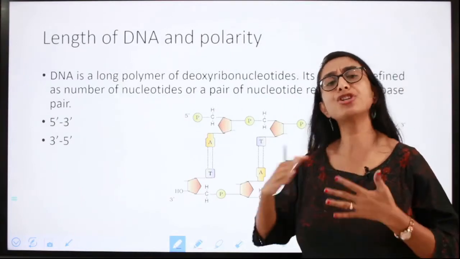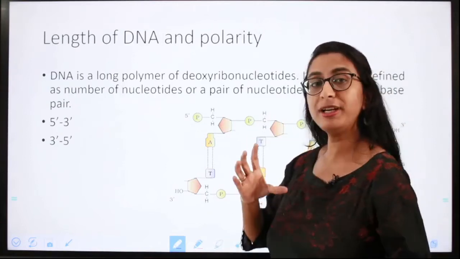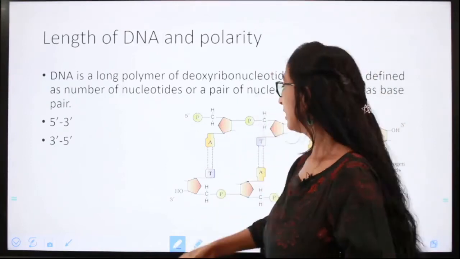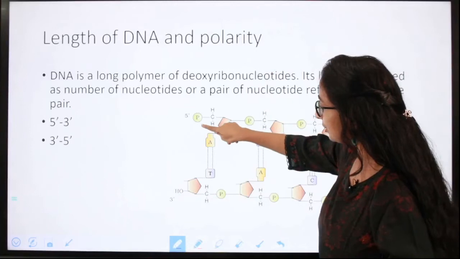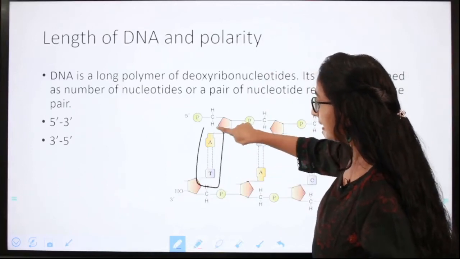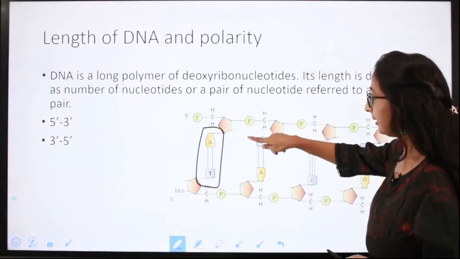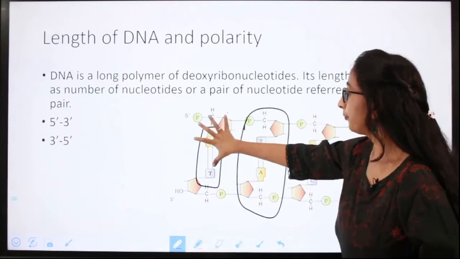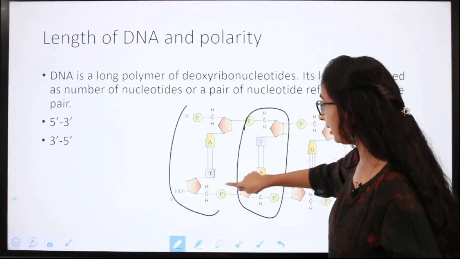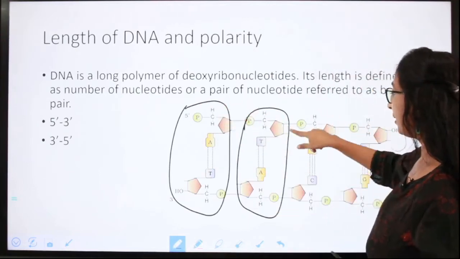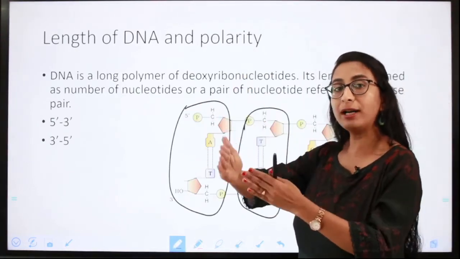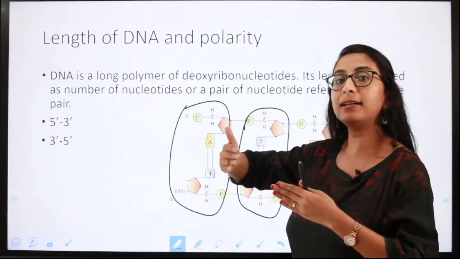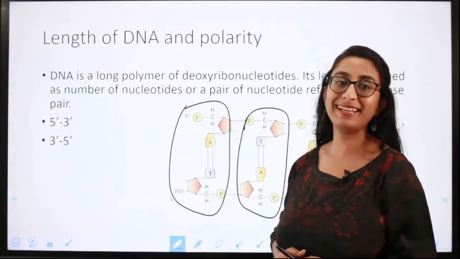We measure it in the form of base pairs. Here you can see this is one base pair. AT is one base pair. And then this one is the second base pair, another AT. So like this we can count 1, 2, 3, 4.